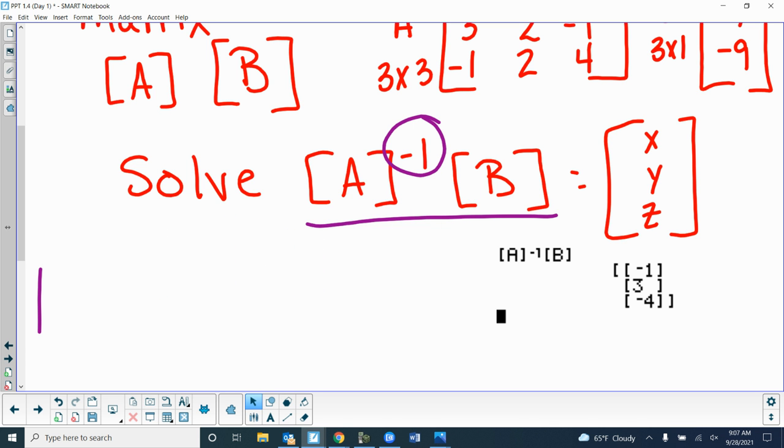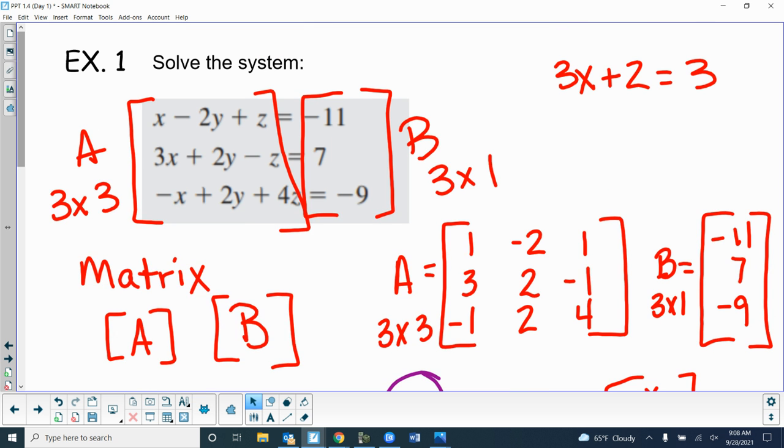All right, so that means our X value for this system is what? Negative 1. My Y value is 3, and my Z is, if I substitute those 3 numbers into all 3 equations, it's going to work. Okay?